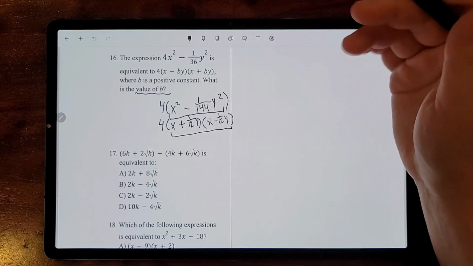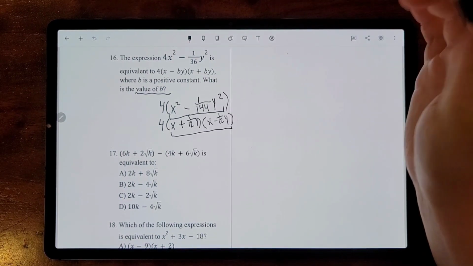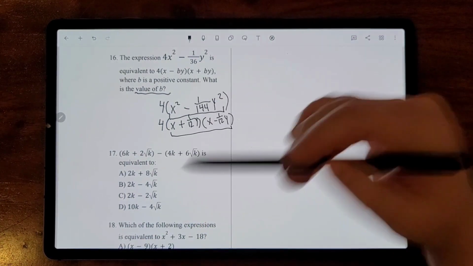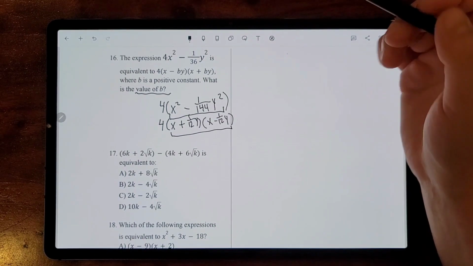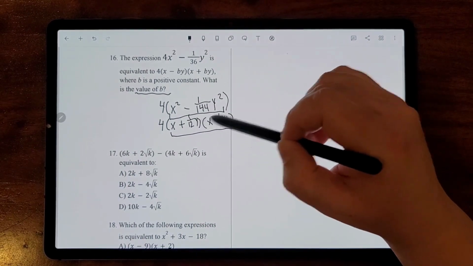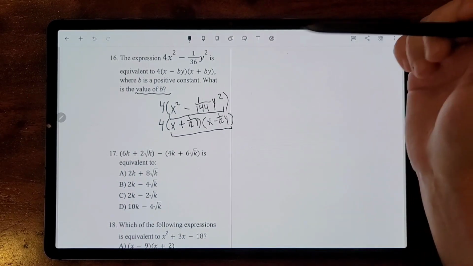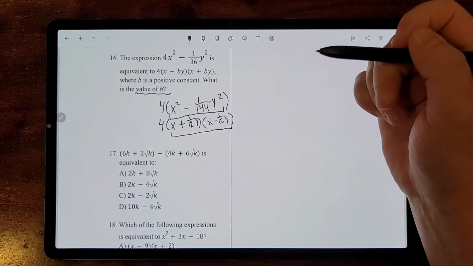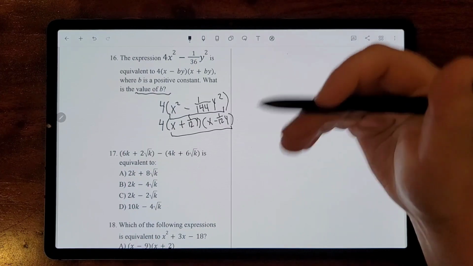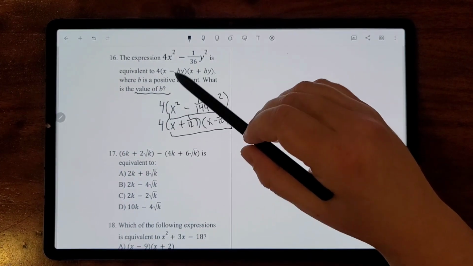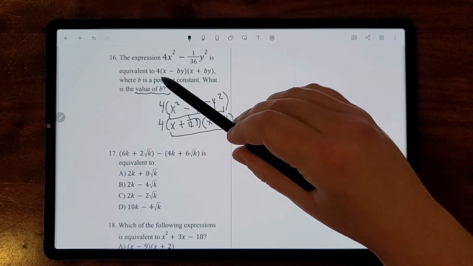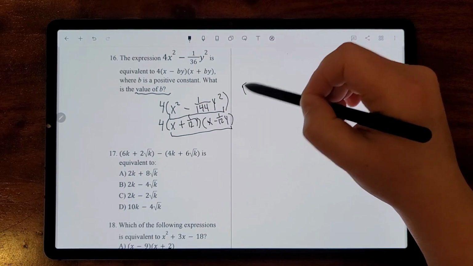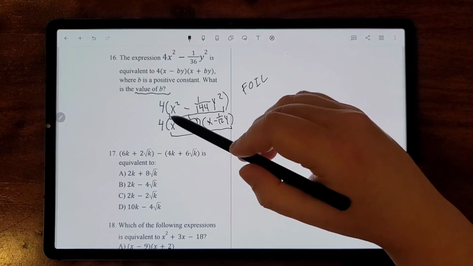And that's another way, you can guess and check when FOILing, or reverse FOILing, as I call it. And then you could FOIL it back to see if you get the same exact answer if you want to check it. When you FOIL this out, it is going to get you back to that original expression right there. This you just have to get really good at doing in your head. It's always going to be the first numbers multiplied, like x times x, because in FOIL, the F is for the first numbers you multiply, which have to get you to x squared.